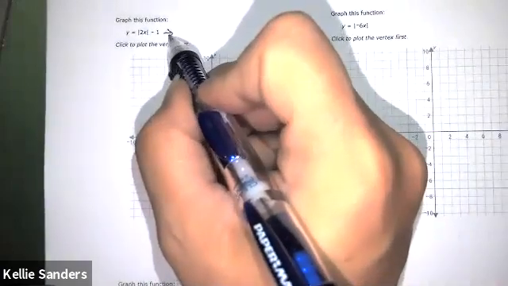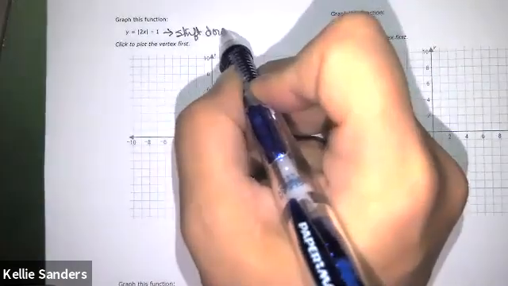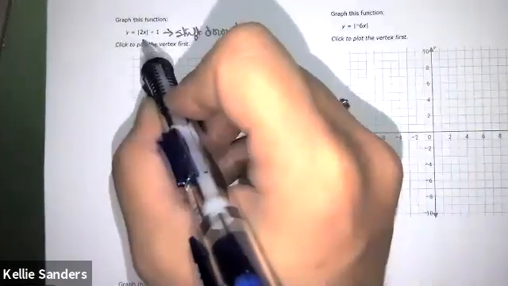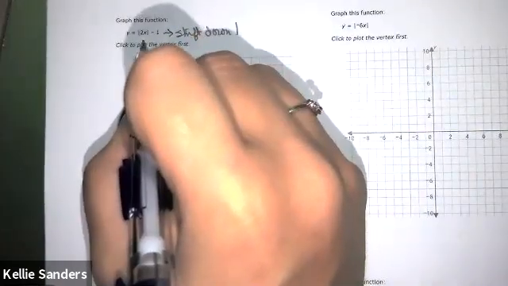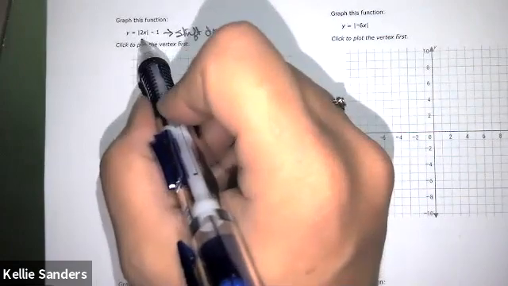So this right here is going to be a shift down 1. Now there's something in here. It's kind of hard to explain.